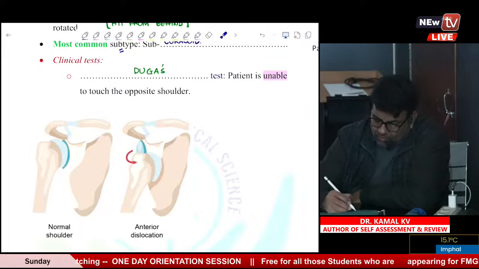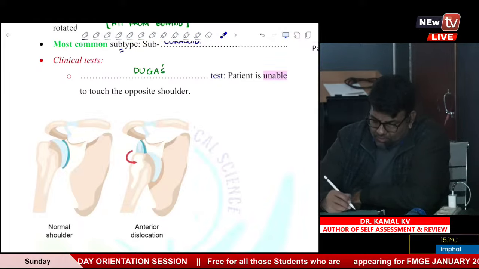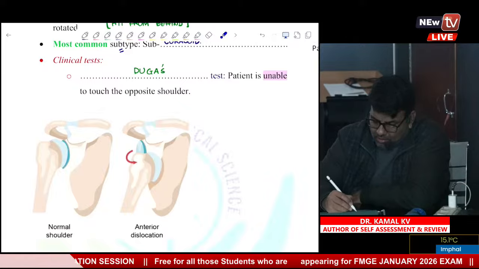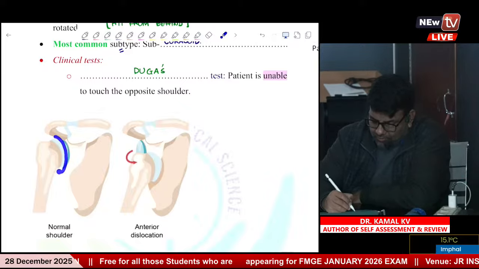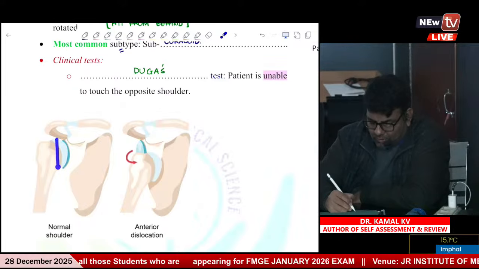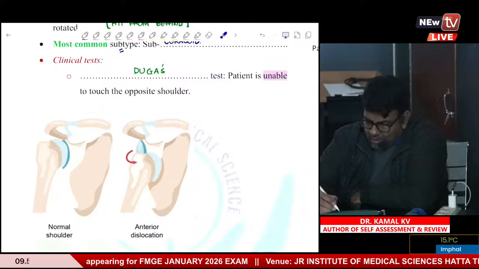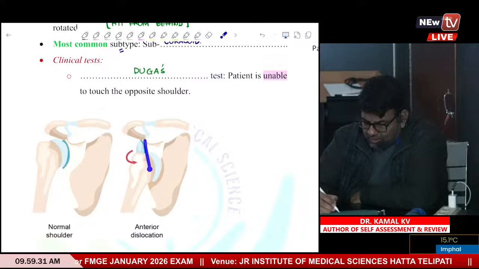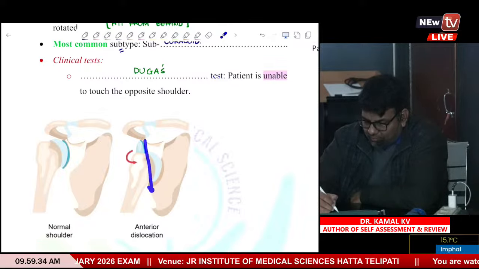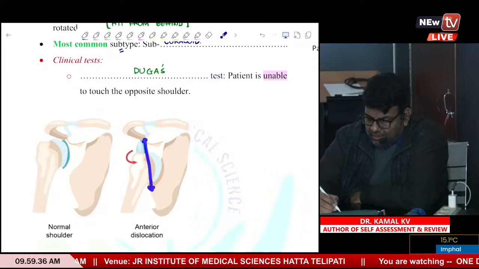Then secondly, look here, we measure the vertical circumference of the axilla. Once the head of humerus comes down, the circumference increases.